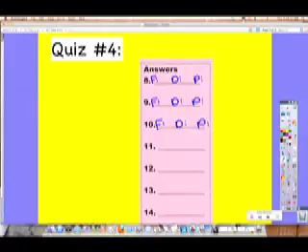Okay, 12. That one asks for, oh, the socks. So that's a fraction decimal percent.